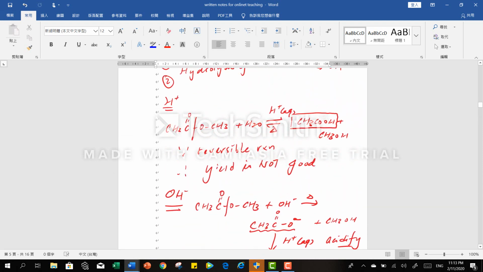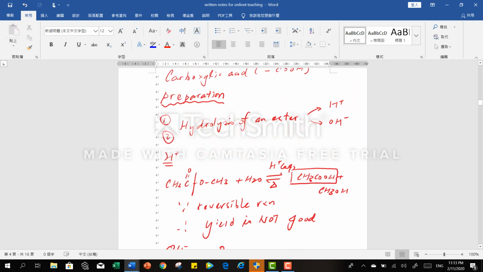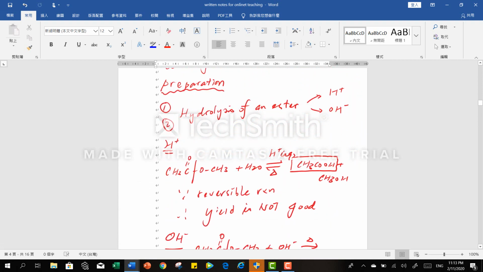We have acidic hydrolysis of an ester, but the drawback is you cannot 100% convert the ester to carboxylic acid because it is a reversible reaction, okay?